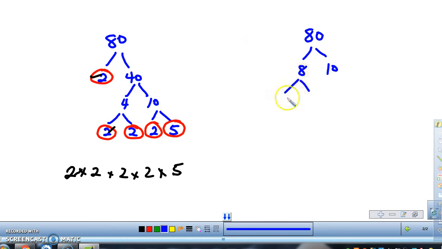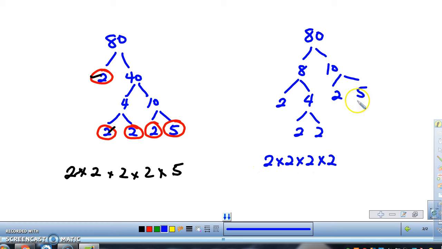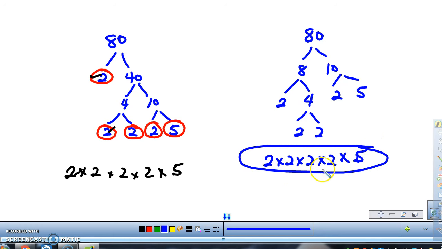So 8 is going to be 2 times 4, 4 is going to be 2 times 2, 10 is going to be 2 times 5. So 2, 2, 2, and 2. 1, 2, 3, 4 2's. And then we have our 5 here, and this would be the prime factorization for 80.